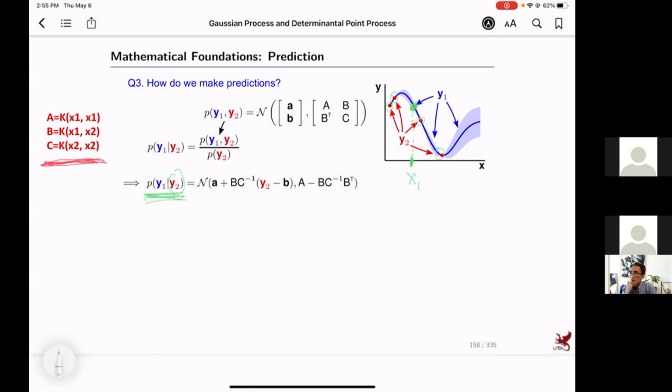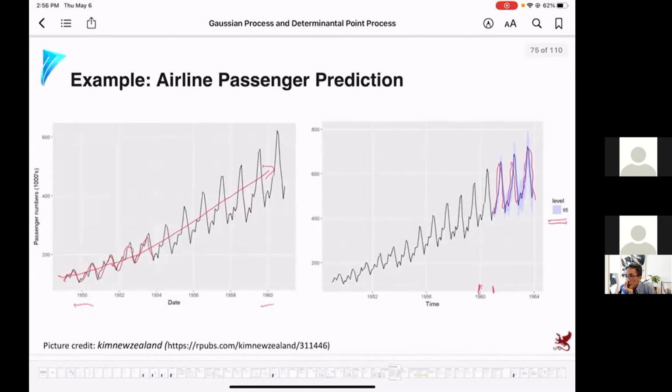Shichang, can you give us an application setting? For example, are we doing a time series prediction, which includes both interpolation and extrapolation? That is a great way to think of it. Yes. Maybe just take this airline prediction example.